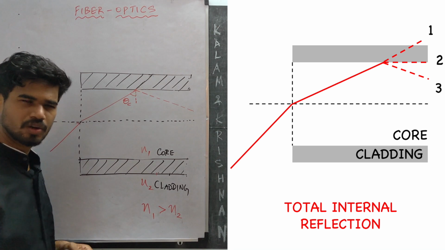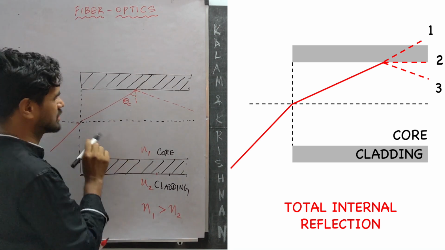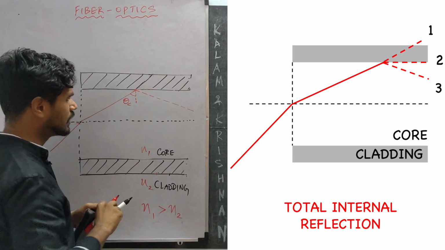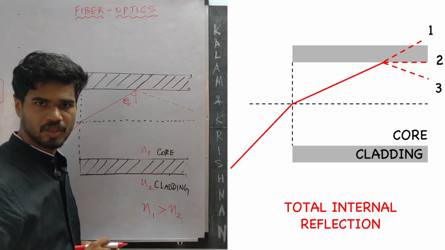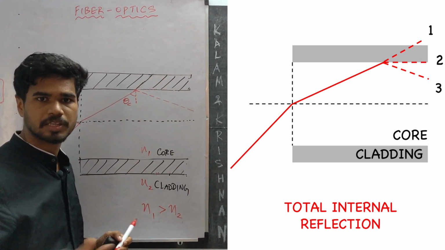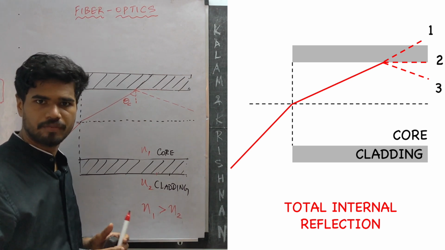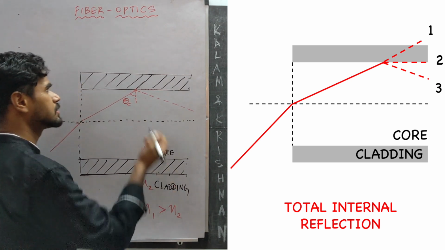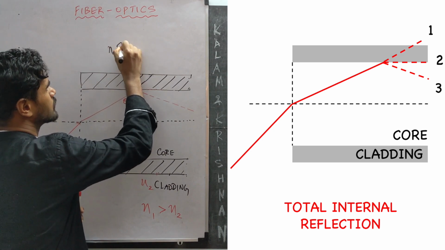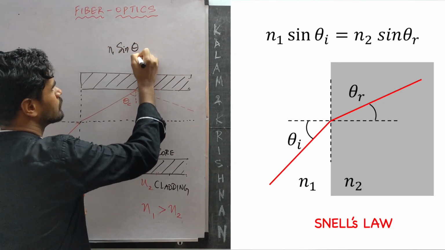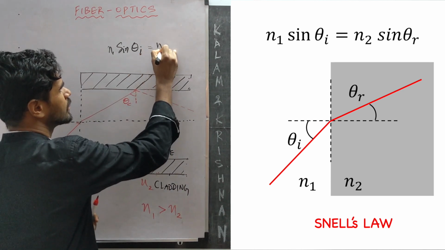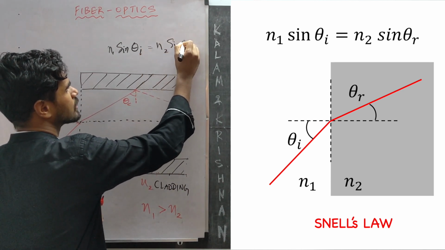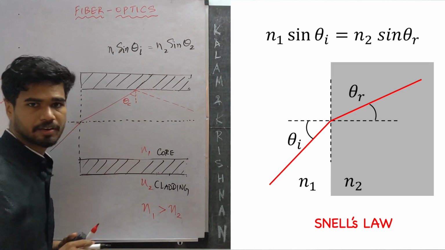First question, what is the critical angle at which a propagating light wave will pass along the interface of the core and cladding? How do we get the answer? Pause and think about it. The answer is straightforward. We need to use Snell's law. Snell's law says n1 times sine of the angle at which a light ray hits the interface should be n2 times sine of the angle at which the light ray gets refracted at the interface.